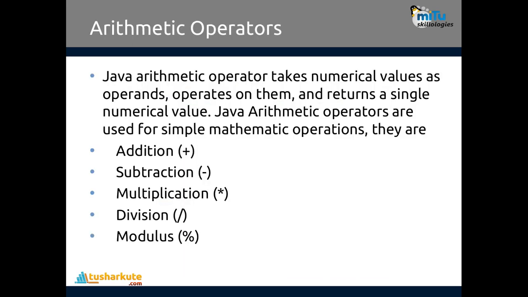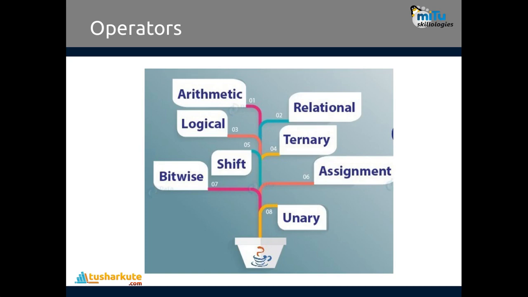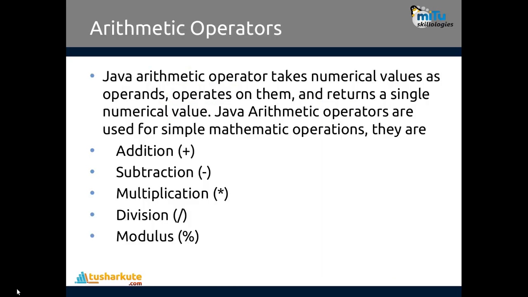Let's see the first category, arithmetic operators. Arithmetic operators take numerical values as operands, operate on them and return a single numerical value. We already know arithmetic operations like addition, subtraction, multiplication, division, and one more interesting operation we have here is modular division.